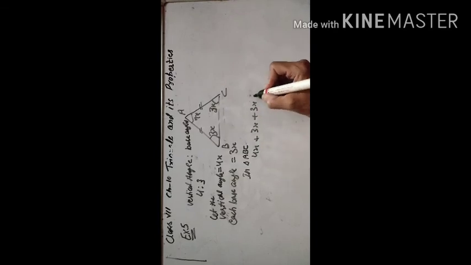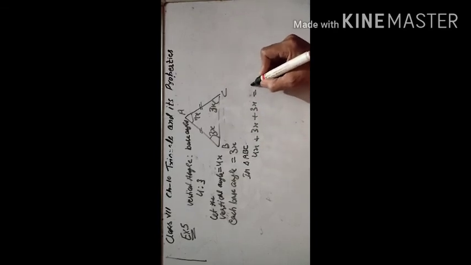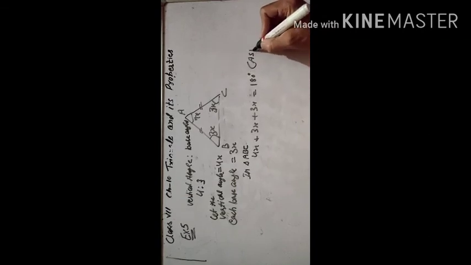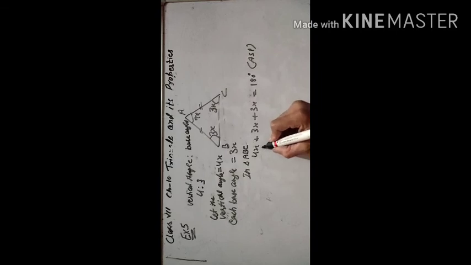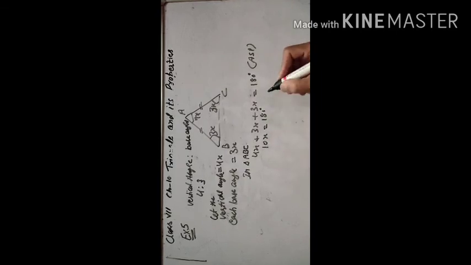Now in triangle ABC, 4x plus 3x plus 3x is equal to 180 degrees, angle sum property. So 10x is equal to 180 degrees, x is equal to 180 upon 10, that is 18 degrees.